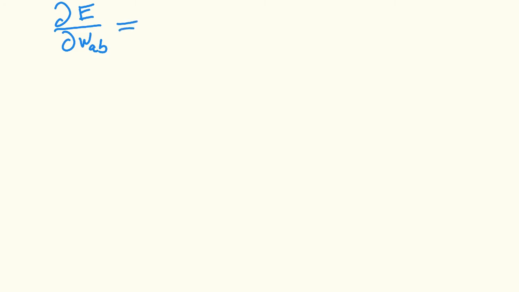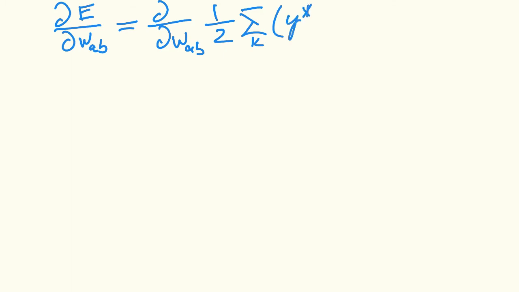All right, so we know that this is equal to just plugging in the error function here: y stars k minus a of n sub k squared.